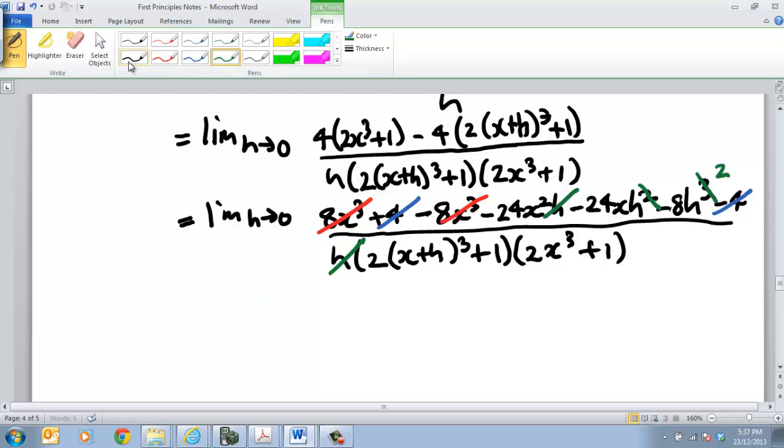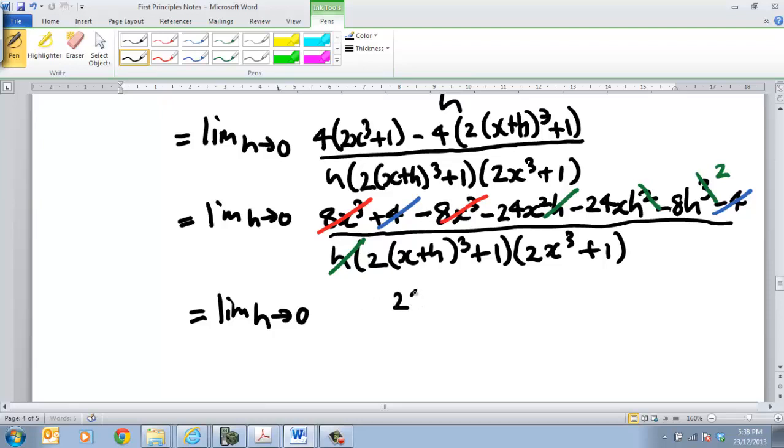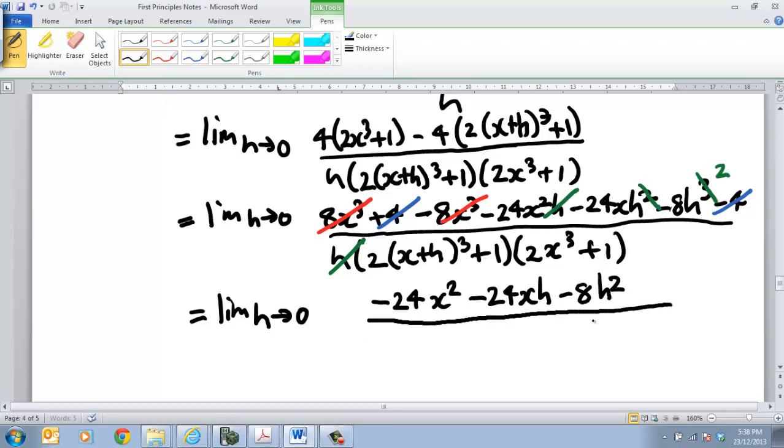Alright, so now that's going to leave me with the limit as h goes to 0 of minus 24x squared, take 24xh, take 8h squared, and then that's all over 2 lots of x plus h cubed plus 1, times by 2x cubed plus 1.